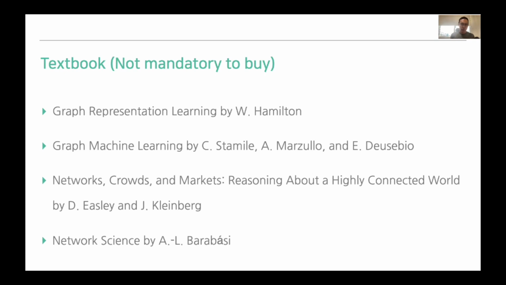But you don't need to buy them. Some of them are available online. So if you need, I will give you the link about the chapters of the textbooks. But you don't need to buy. Every lecture content will be available to you. So if you understand the lecture slides, it'll be fine. If we need some reading assignment or reading material, I will give you the link.